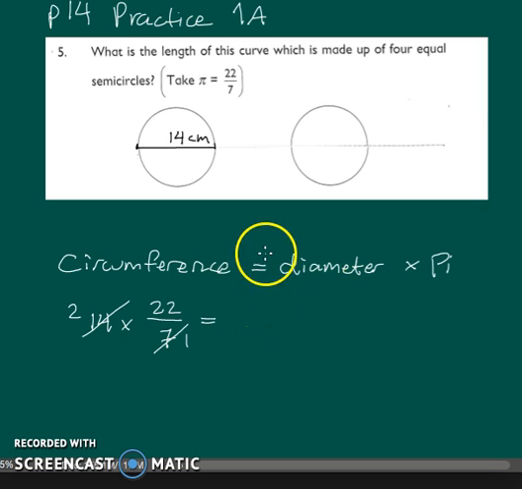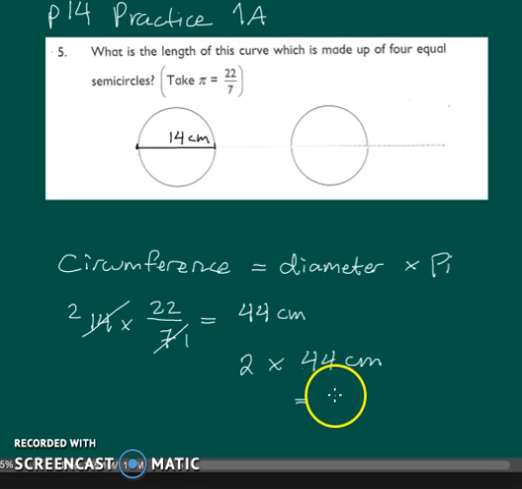So essentially I'm just multiplying 22 by 2 to get 44 centimeters. So that is the length of the circumference of one of the circles, but I have 2 circles, so I'm going to say 2 times 44 centimeters, and that brings us to 88 centimeters.